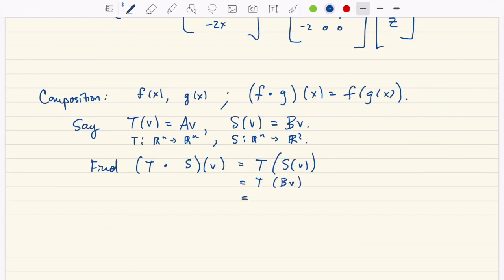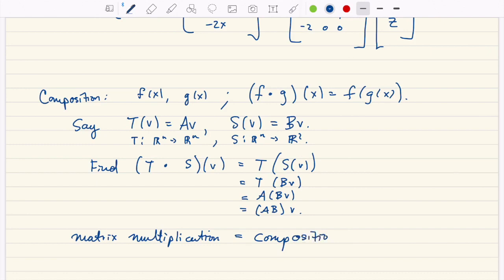And T is just, you take your input and multiply on the left by A. So this is A times Bv, or really this is AB times v. And so it turns out that matrix multiplication really is nothing more than composition of two linear operators.